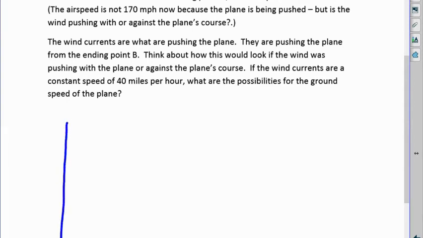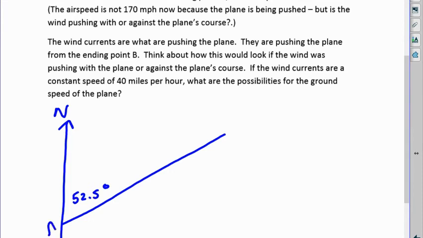The wind can help our plane and the wind can hurt our plane. Sometimes the wind helps you fly faster. Sometimes the wind will make your plane go slower because it's pushing against it. You've walked or run into the wind, and that's, let's put this point B, and we know that our plane was flying at 170 miles per hour.